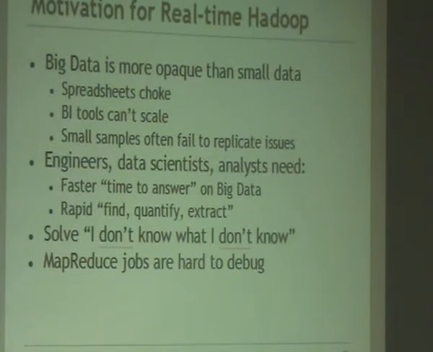So engineers, data scientists, and analysts want a faster time to answer on big data. And they want to rapidly be able to find segments, quantify them, and extract them. And they're suffering from what I call the I-don't-know-what-I-don't-know problem.